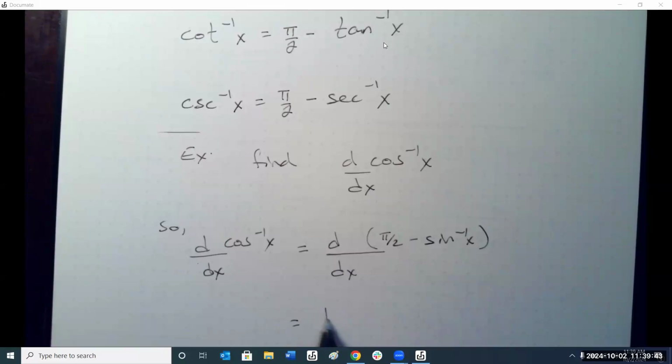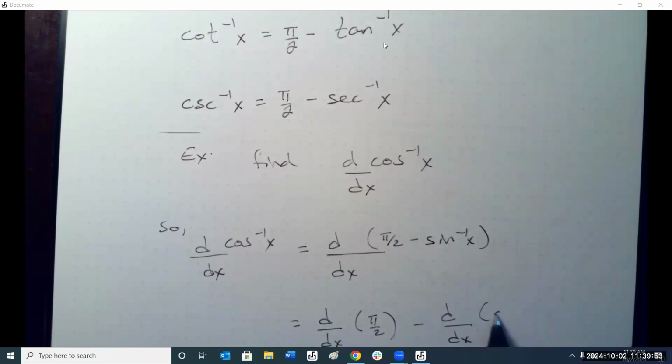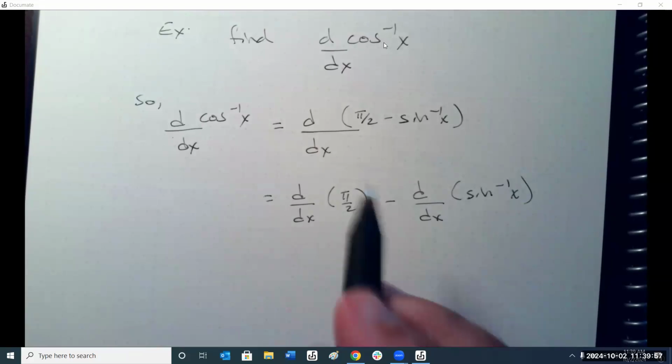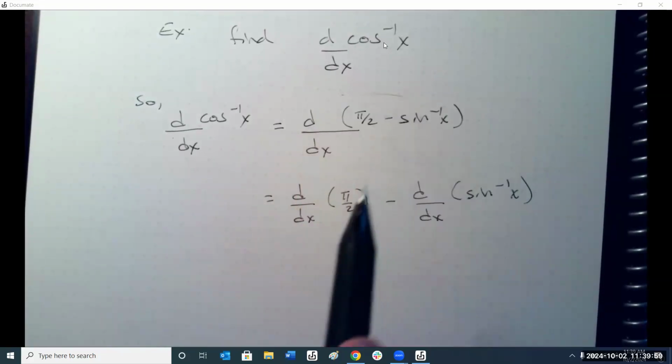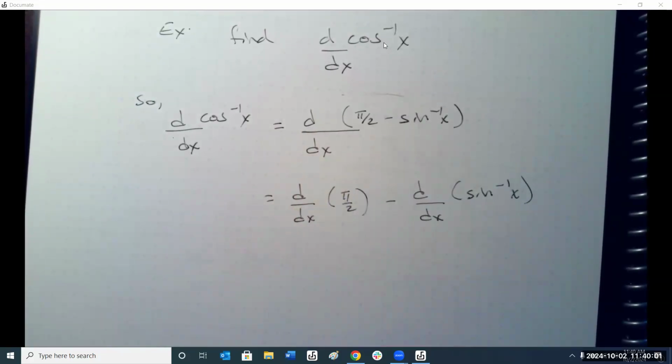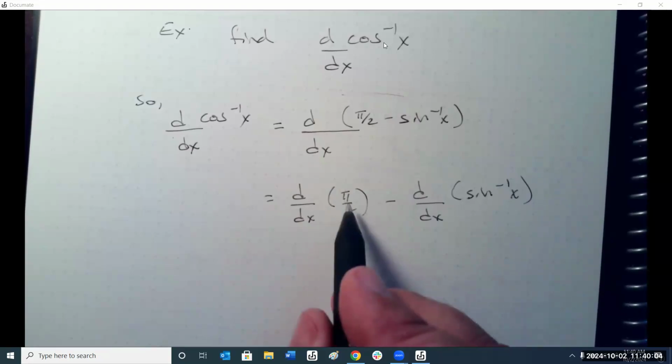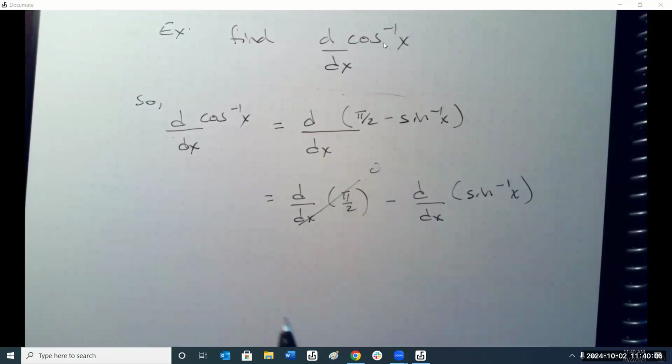We distribute, so we have dx of pi over 2 minus dx of sine inverse of x. Remember, we use the sum rule or difference rule. The derivative of a constant is 0.